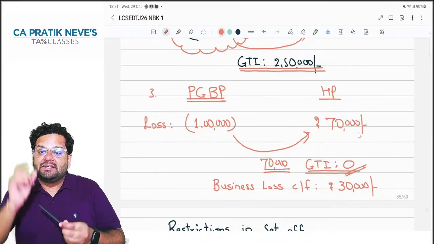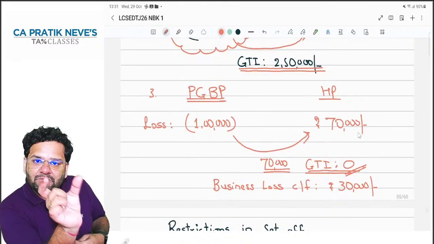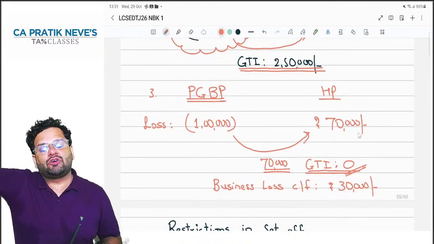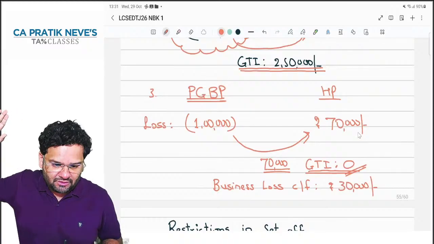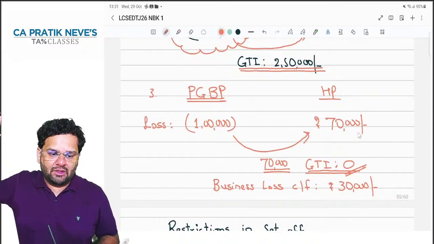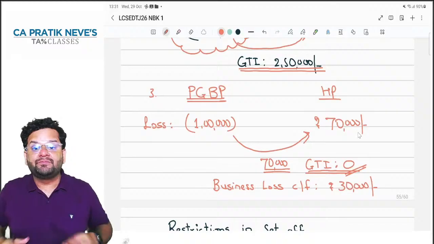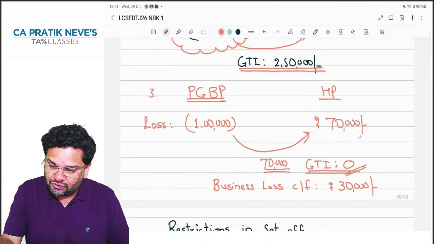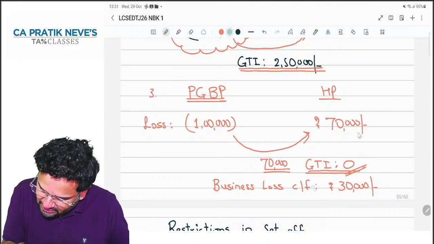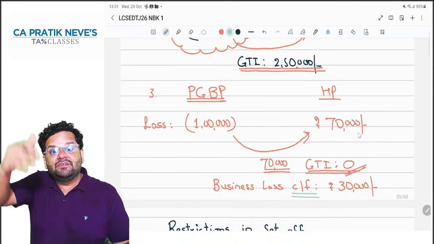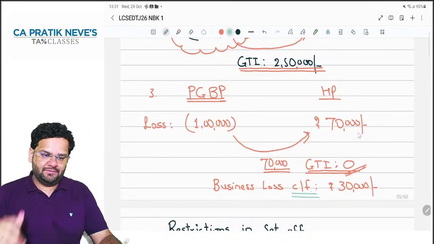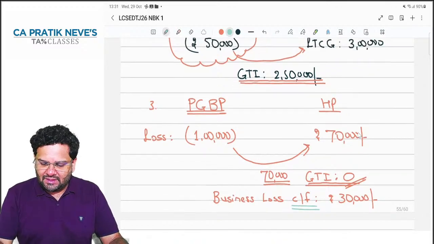Because that PGBP loss of 70,000 will be set off against HP income of 70,000. So your gross total income will be 0. In fact, there is an extra loss of 30,000. That extra loss of 30,000 will be carried forward to next year. In next year, you can set it off.